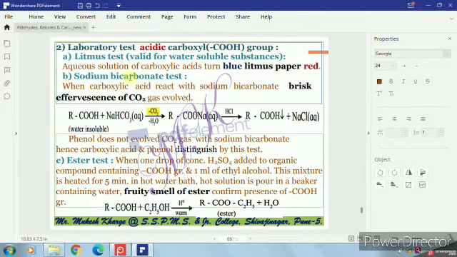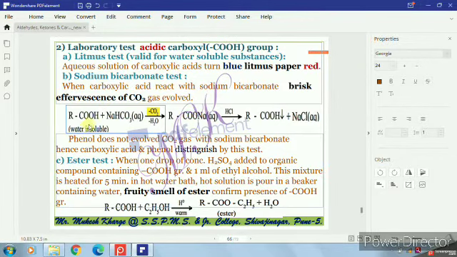Now the second test is the sodium bicarbonate test, NaHCO3. When carboxylic acid reacts with sodium bicarbonate, and we observe brisk effervescence of CO2, then this indicates that the compound is acidic in nature. This is a functional group test of the carboxylic group, so we have to perform this in practicals.